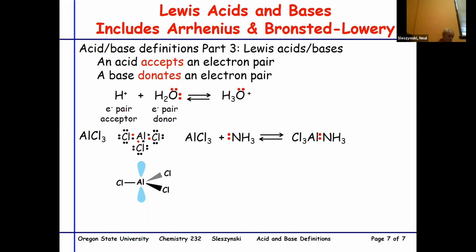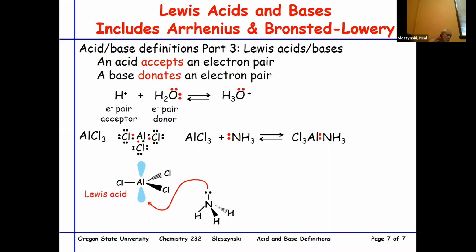Aluminum chloride is capable of reacting with molecules like ammonia, where one of the atoms in ammonia has an extra non-bonding electron pair. Aluminum won't form a fourth bond because it's out of valence electrons, but it is willing to accept both those electrons from another molecule that has a non-bonding electron pair to insert into that orbital.